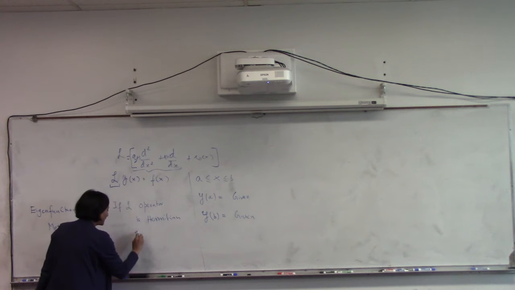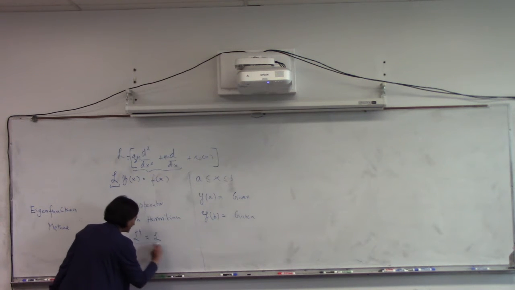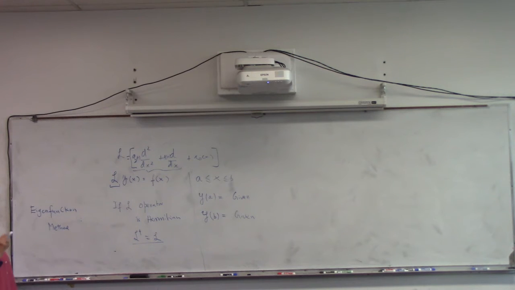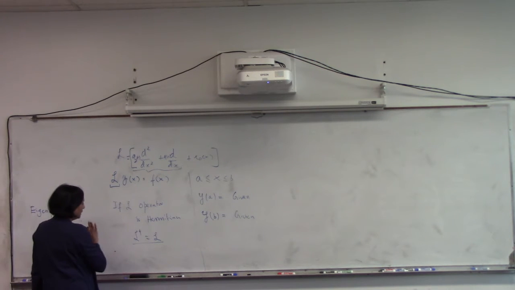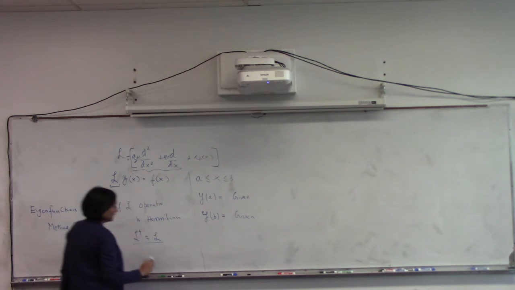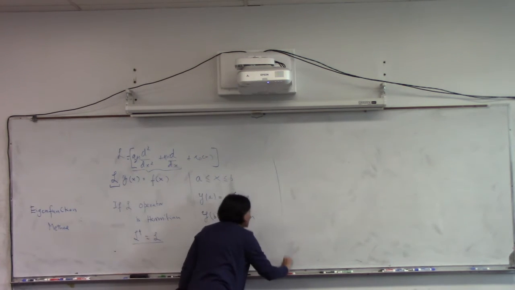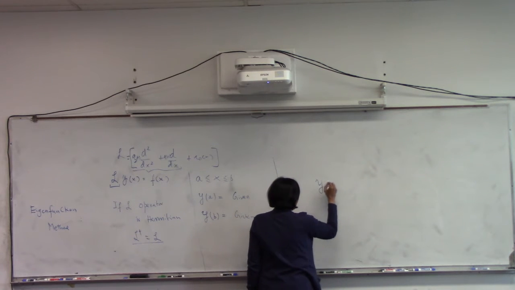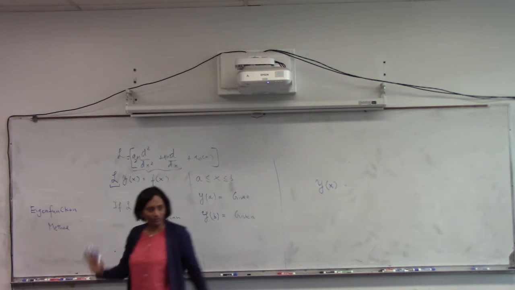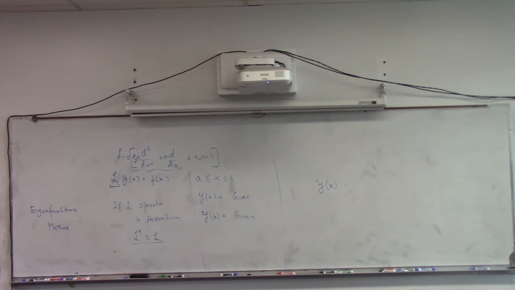That is, L dagger has to be equal to L, and stuff like that you know from quantum mechanics. If L becomes Hermitian, we are trying to seek the solution y(x), okay? That's what we are trying to seek.